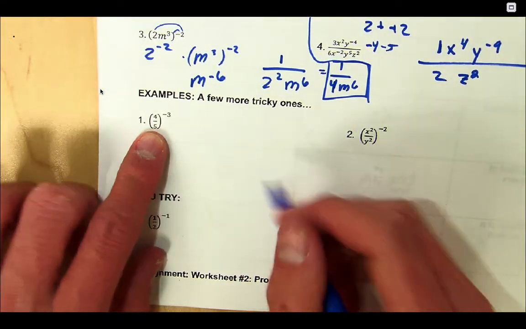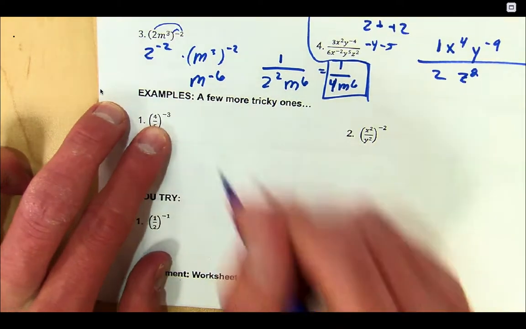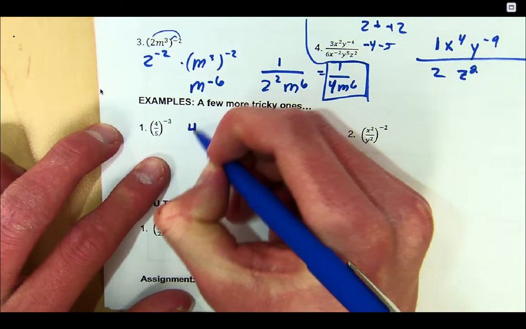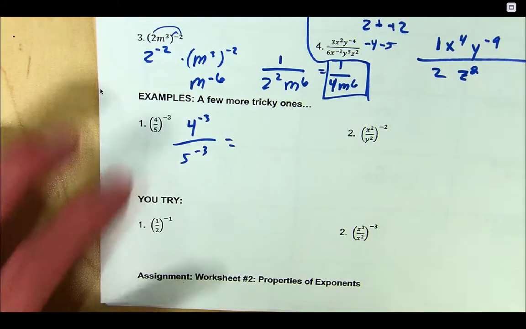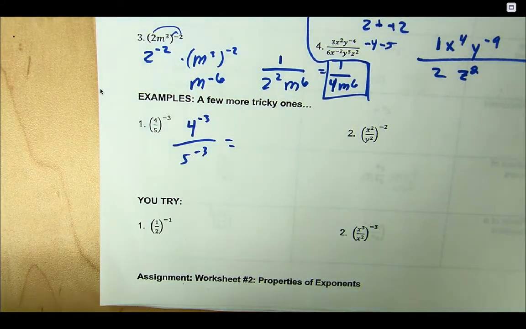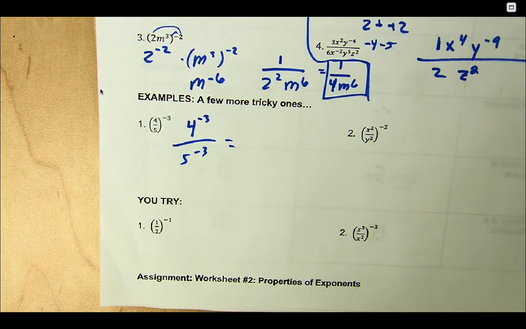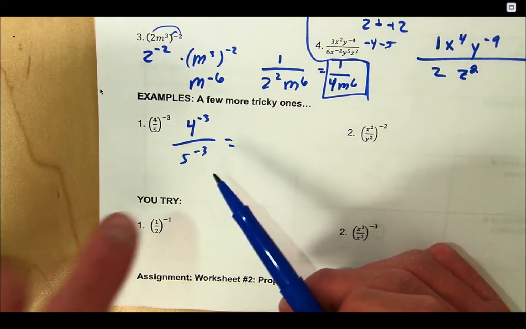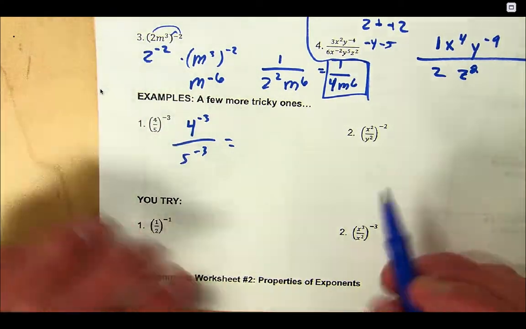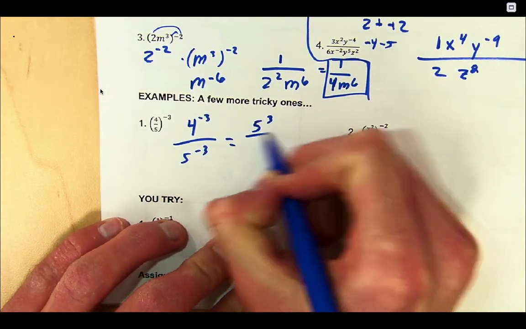Number 1, just remember that this negative 3 gets attached to everything in the parentheses. So the numerator and the denominator both go to the power of negative 3. But you don't end with negative exponents. So what I'm going to do is I'm going to make them positive, and then they'll end up switching positions.